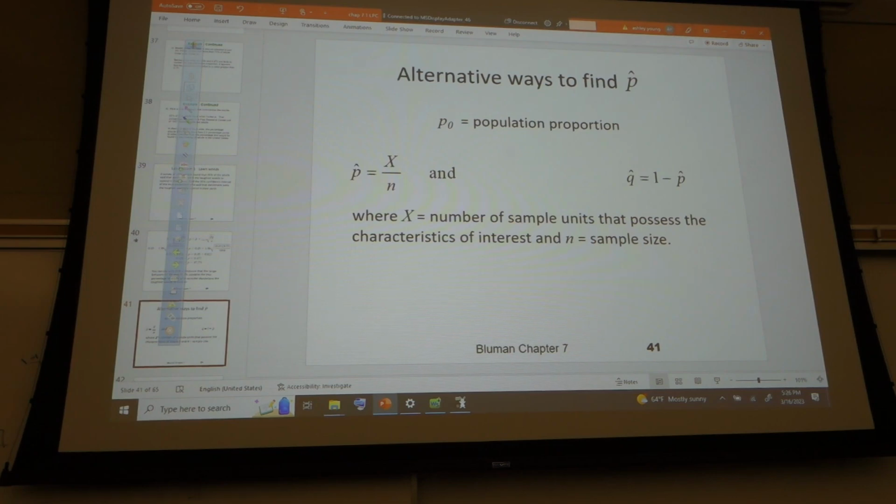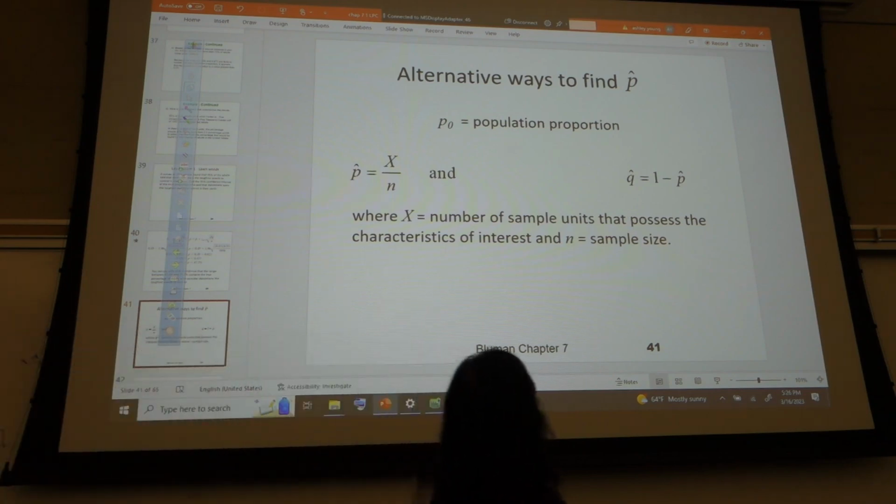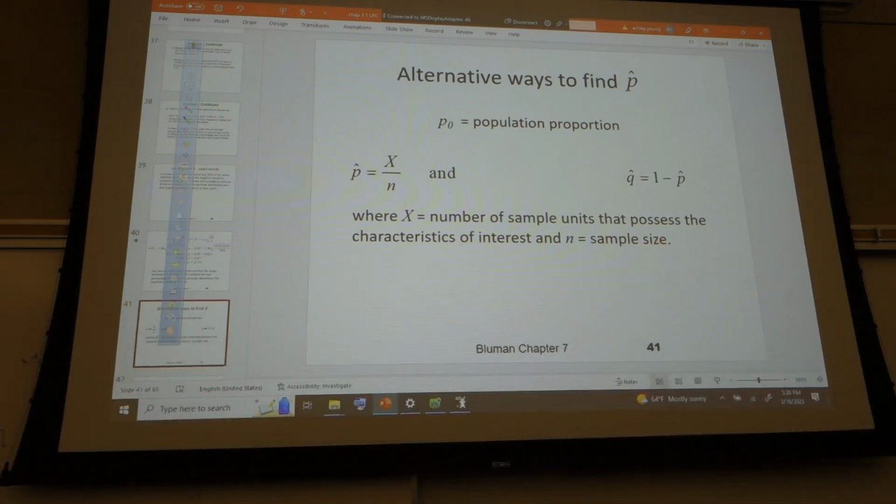All right. So here, alternative ways of finding p hat. It's also known as x over n. So you folks have seen that before.